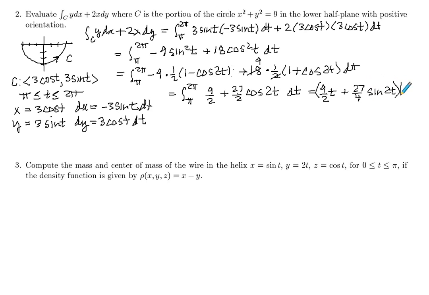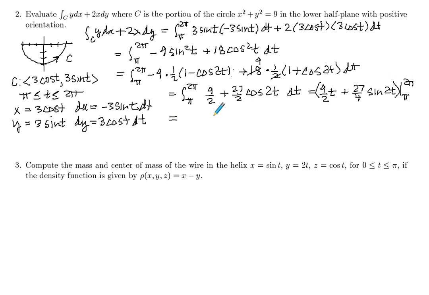And that whole thing's getting evaluated from pi to 2 pi. So when we plug the 2 pi in here for t, we get sine of 4 pi, which is 0. When we plug in the pi, here we get sine of 2 pi, which is also 0. So this term isn't going to add anything to the value of the integral.